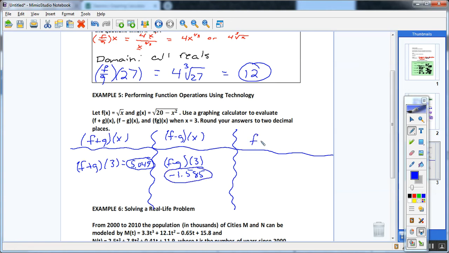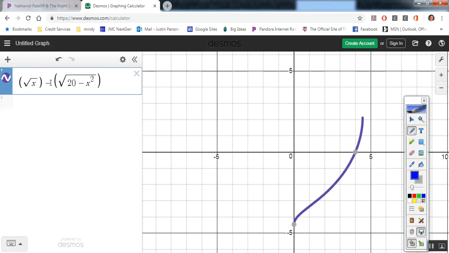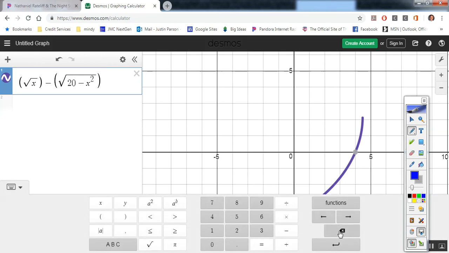F times g of x, is that right, kids? So f times g of 3. I'll just go in there and change that to a times. Are you okay with that, kids? So change this to what? And we're evaluating at what value again?